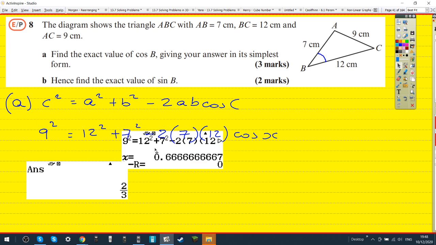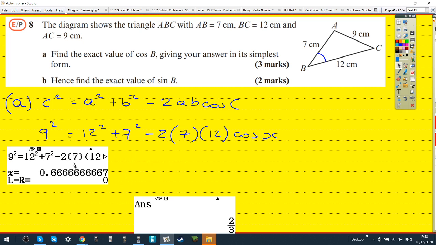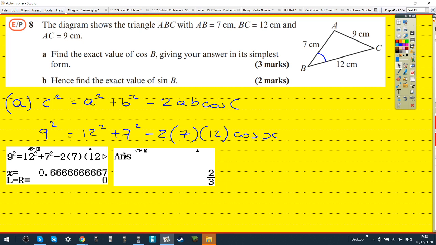Part B. So would you do inverse cos 2/3? Which gives you 48.896851. So that's what we got before. And so we want sine B. So what you have there is B. What is sine B?